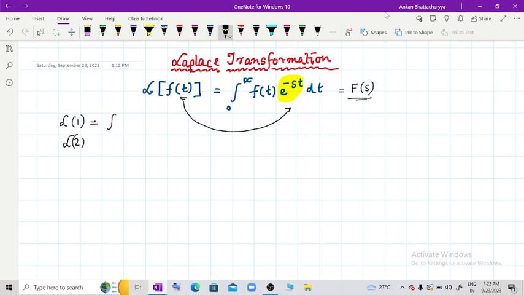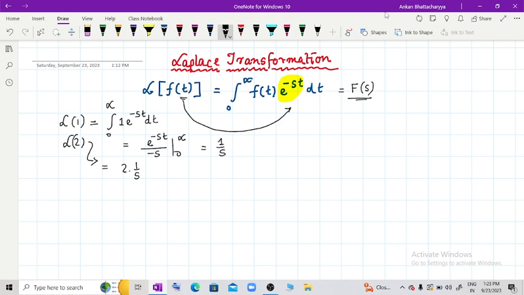So we put it here, integral of e to the power minus st dt. You have to integrate it: e to the power minus st over minus s, from 0 to infinity, this is nothing but 1 by s. If you are asked to do the same thing for 2, then it will be 2 into 1 by s, because if we take the 2 as common, then 2 into the Laplace transformation of 1 results in 2 by s.